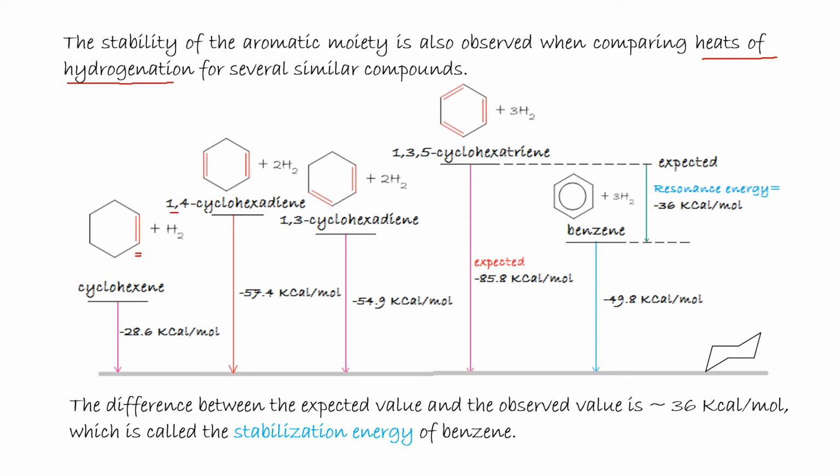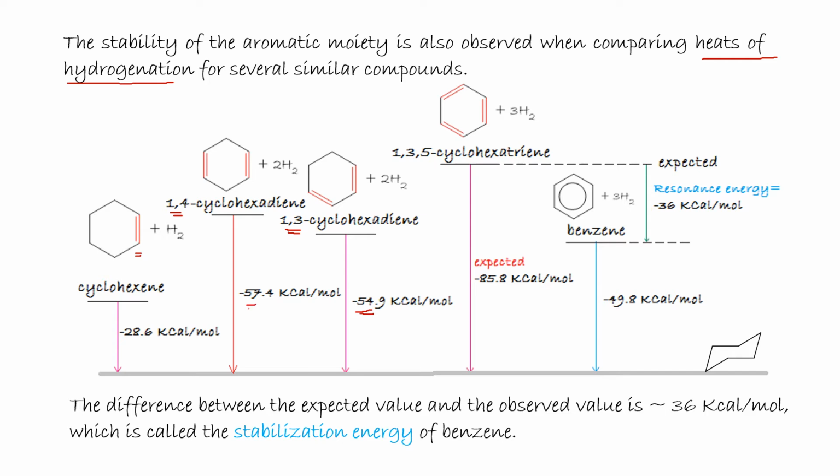When we hydrogenate the 1,4-diene, we get double this amount, exothermic, so it is minus 57.4 kilocalorie per mole. When we hydrogenate the 1,3 conjugated double bond, we get minus 54.9 kilocalorie per mole. It's less energy, which means that 1,3 is more stable than 1,4.